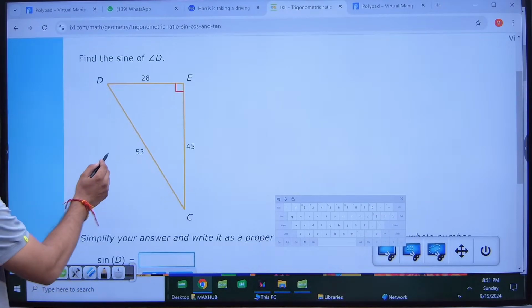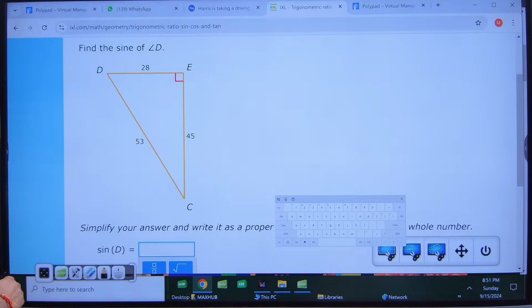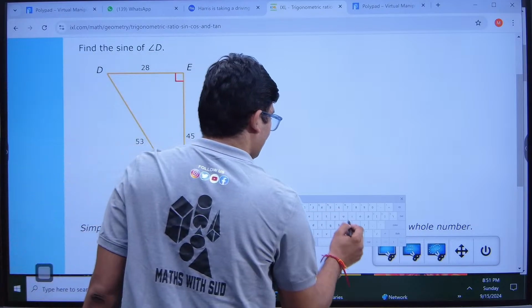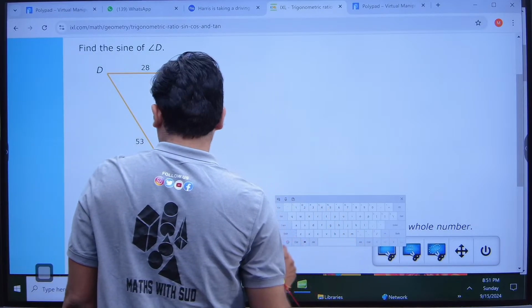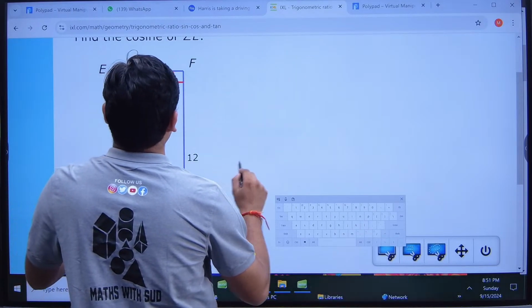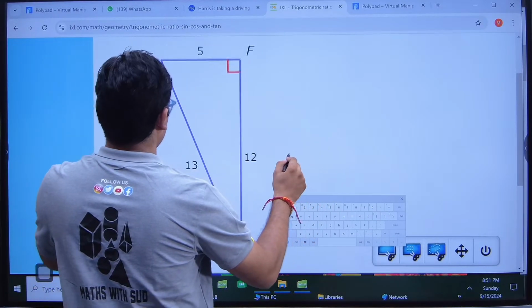Okay, tell me what is sine of D? So sine is perpendicular by hypotenuse. So 45 by 53. Very good. 45 by 53 has nothing in common. Okay.